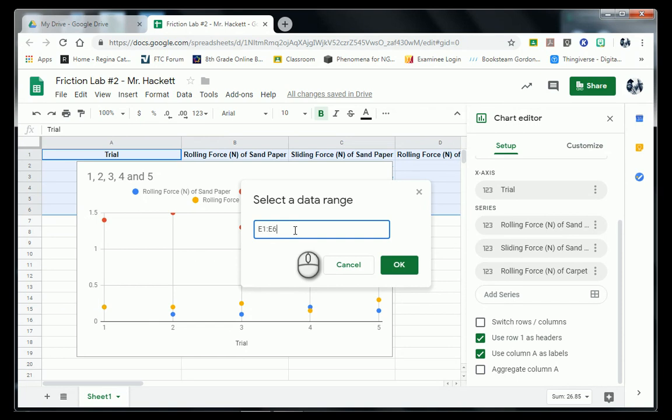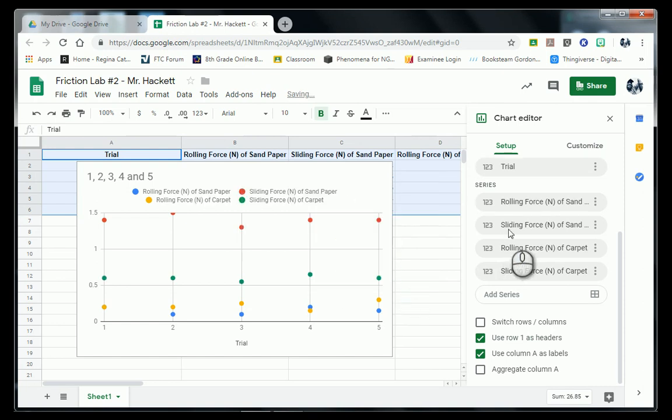This is going to pick all of that data in between these two sets of data points, and we're just going to go ahead and map those. Notice that it comes right back in. So we have rolling force of sandpaper, sliding force of sandpaper, rolling force of carpet, sliding force of carpet. Looks really nice, doesn't it? And we have them all pop up here, and they look really good.